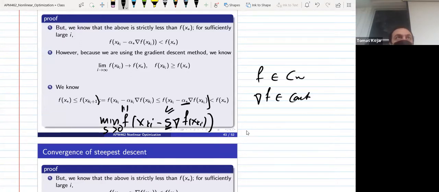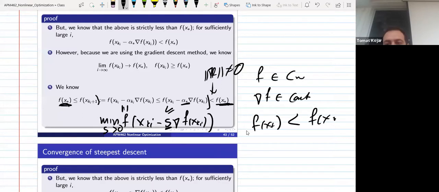But we proved this from before, assuming that the gradient is non-zero. So we have this strict inequality, and you cannot have f of x star strictly less than f of x star.